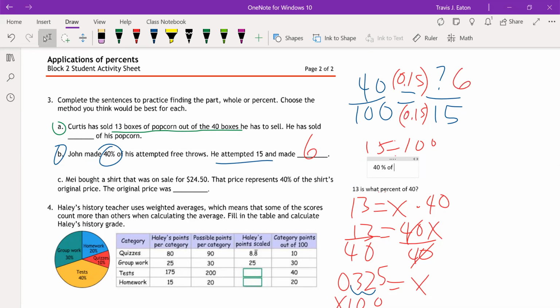Nope. 40% of 15 is what number? That's what it is. And there's our question that we can turn into an equation if we wanted to. 40% of 15 is what number? Okay.